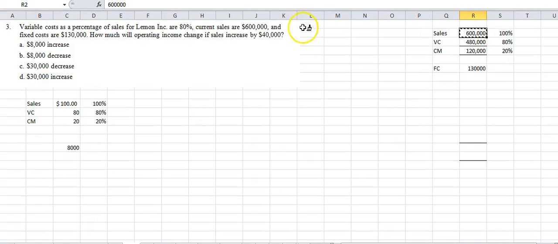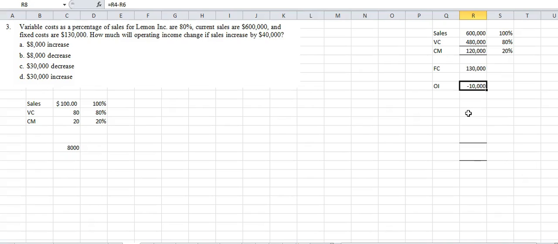So what's my operating income? I'll just call it OI to make our lives easier. My operating income is going to be the 120 contribution margin minus the 130, which is not good because I have a negative 10, right?